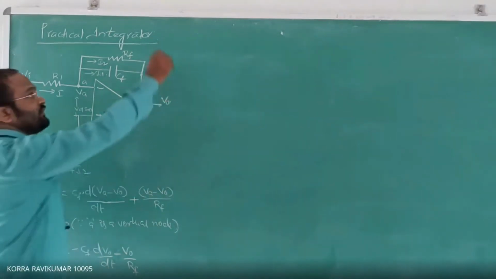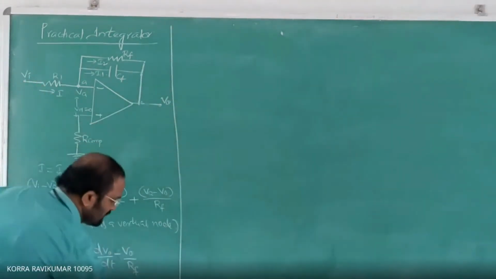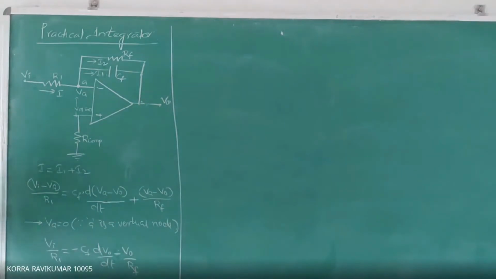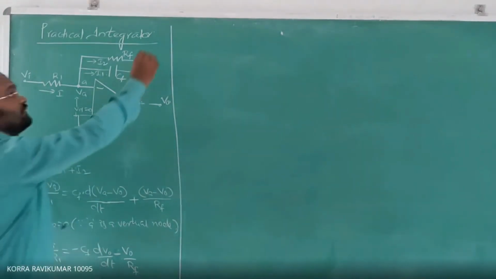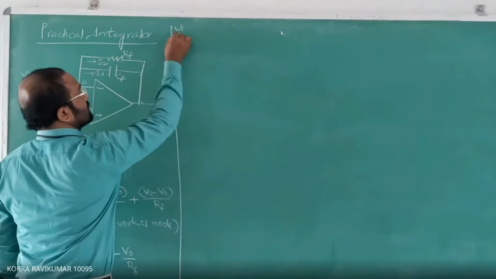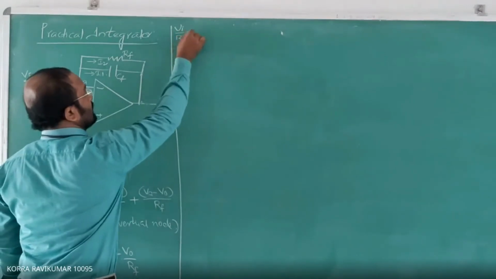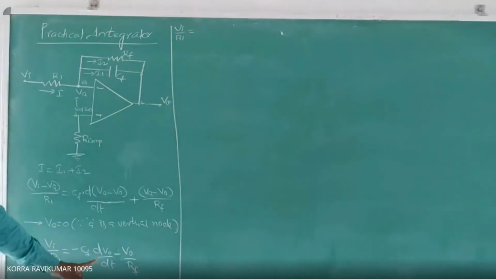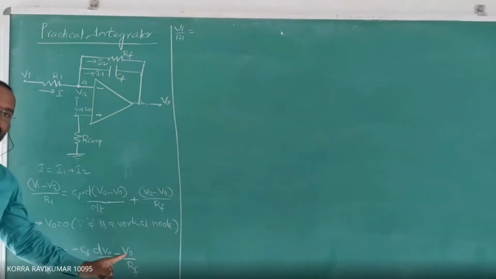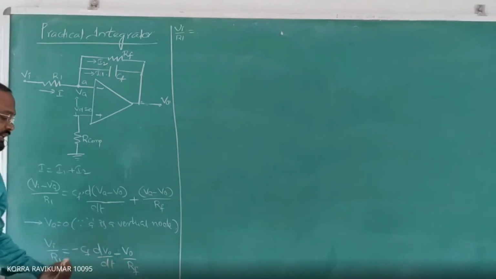Now, if you further simplify this expression, VIN by R1 equals the right hand side expression. Here V0 is there, and in the second term also V0 is there. So take minus V0 as common.